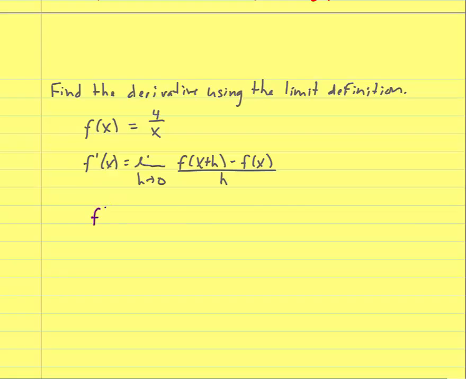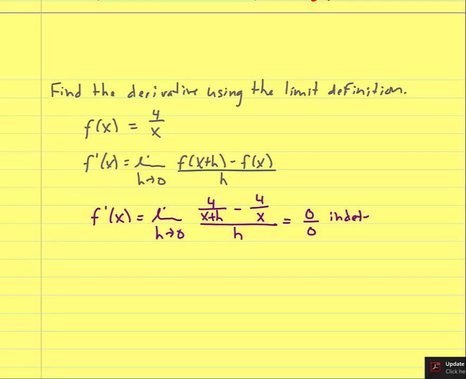So f prime of x equals the limit as h approaches 0. F of x plus h would be 4 over x plus h. Now notice the plus h is in the denominator, it's not up top, minus my original function, 4 over x all over h. Now if I took this limit right now, this would be 0 over 0, which is indeterminate. And of course, indeterminate means to do more work.